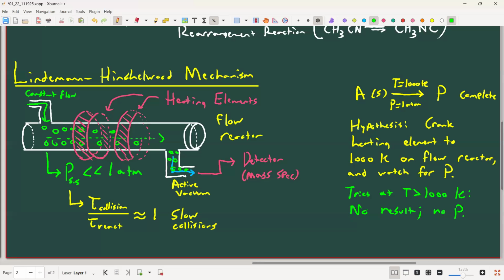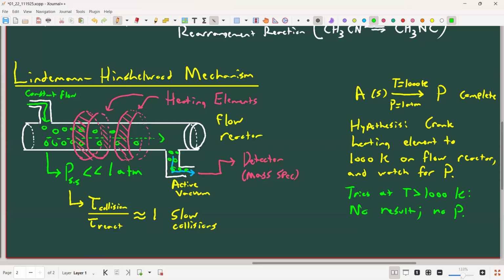So Hinshelwood published these results, or whoever it was, and Lindemann and Hinshelwood had this nice conversation or paper about this. And they came up with an interesting realization. And I'm going to prove that realization today. So how does the heat from these heating elements transfer into the gas?